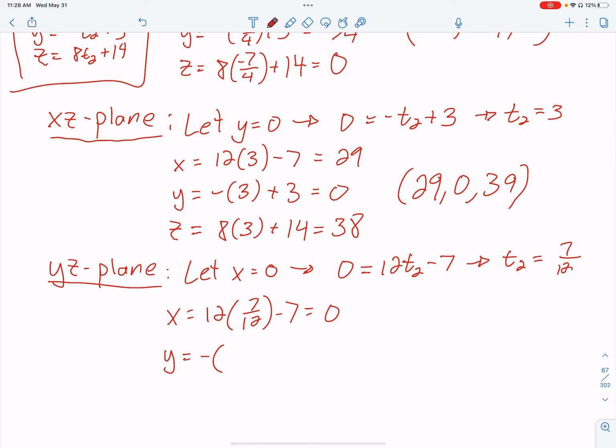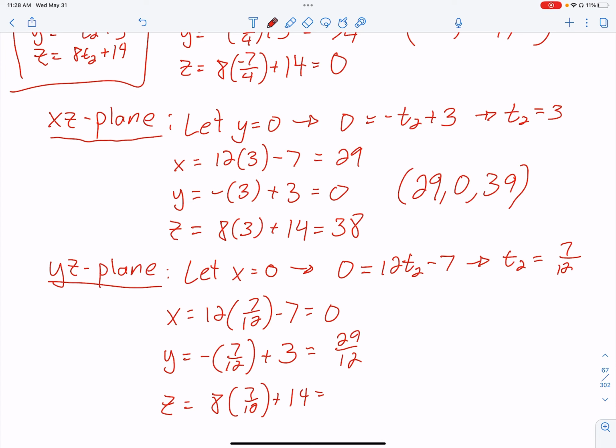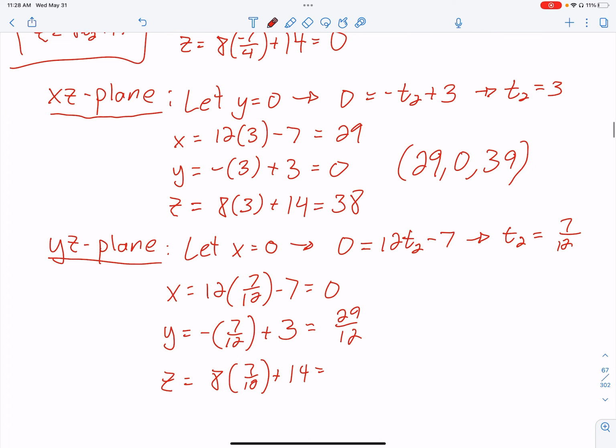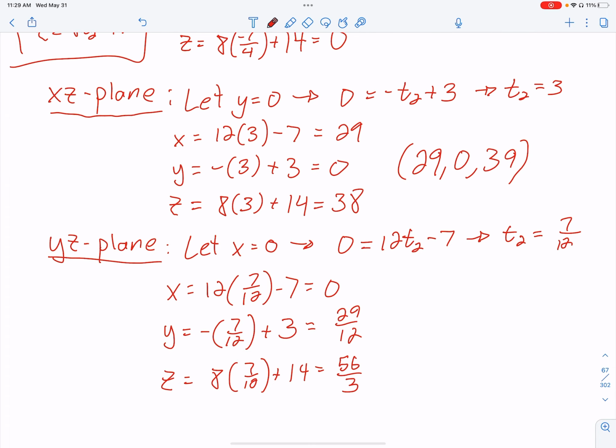Y is negative 7 over 12 plus 3. All right, that's 29 over 12. And then Z equals 8 times 7 over 12 plus 14, which is 56 over 3. So that means that this line intersects right there.